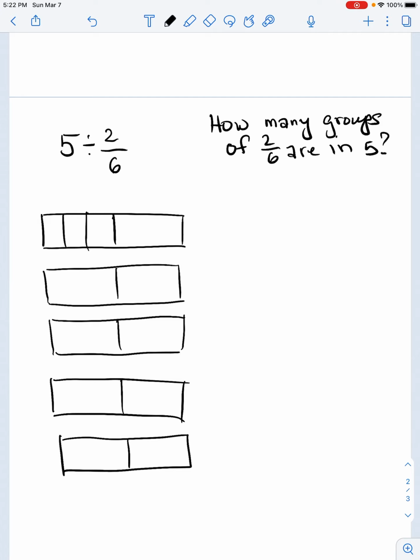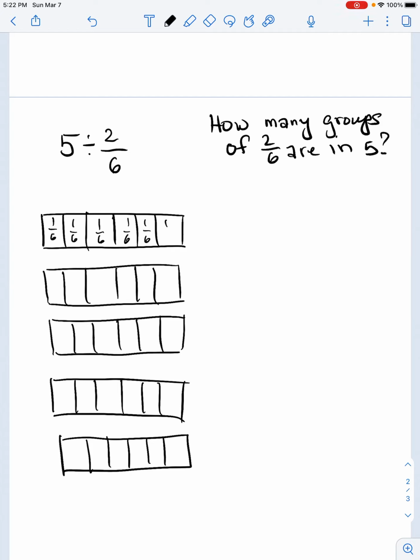Again, it's easier to divide rectangles in half and then each half into thirds. And in this case, I'm not going to label every piece, but I will label a few, because if I label 2 rectangles, it shows that I have the hang of it.